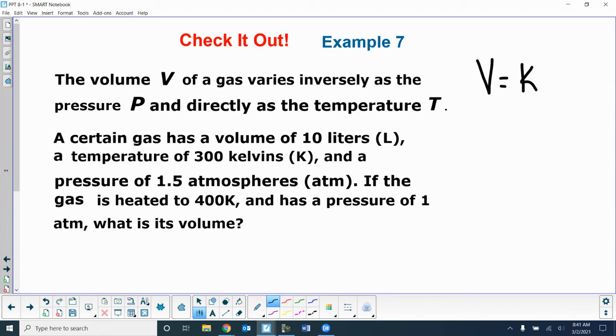Because it's inversely. Yeah, inverse means divided, right? What's direct mean? Times. Inverse divide, direct times. That's all it is.